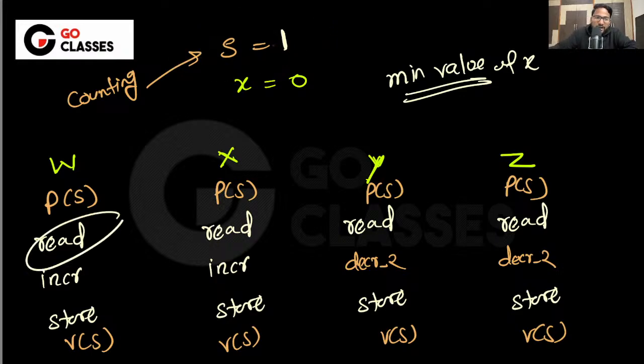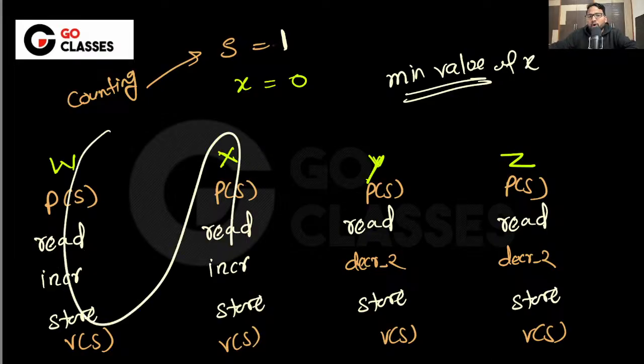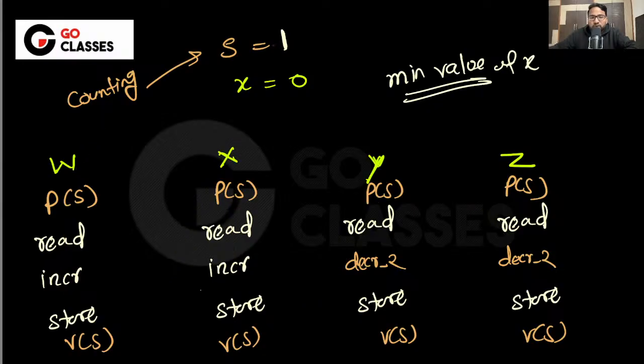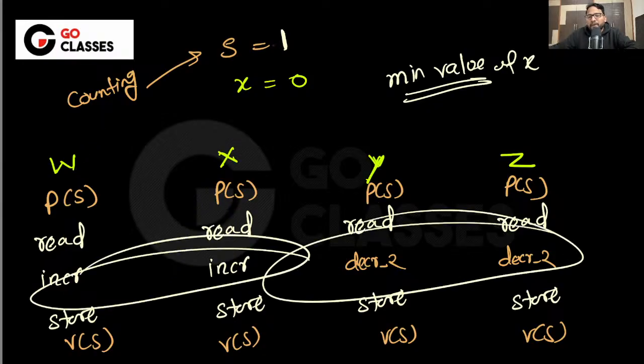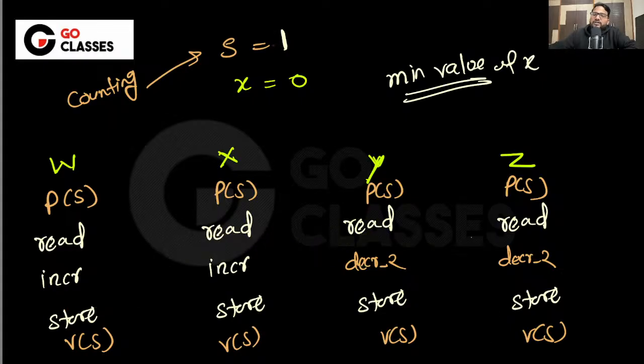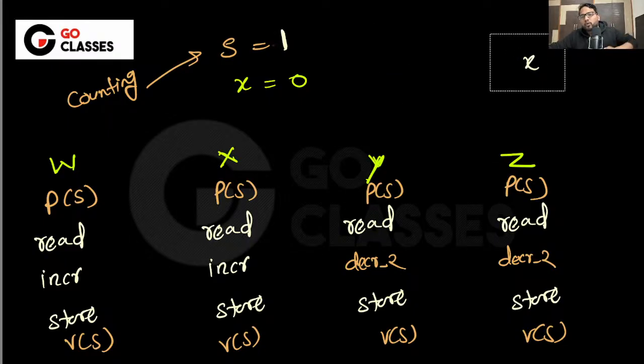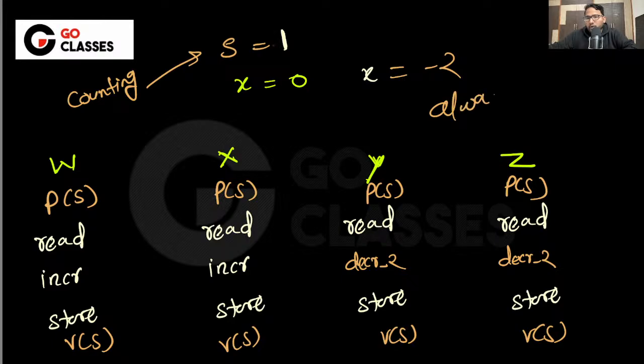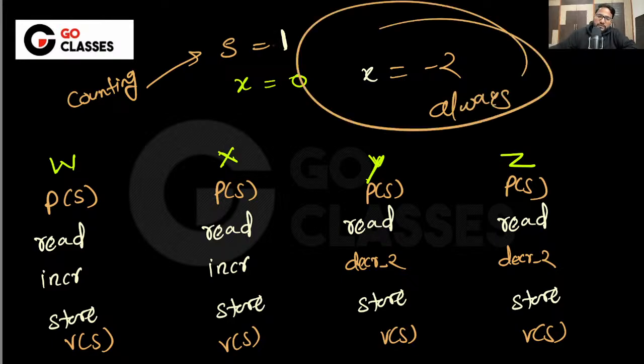You can't just hold and you can't just ask another process to enter. Whatever the order, it is +2, then -4. +2 and -2 get cancelled out, then -2. So ultimately it will be -2 only. It is not minimum or maximum here. It will be -2 for sure. So x is -2 always. Hope you have understood this, right?